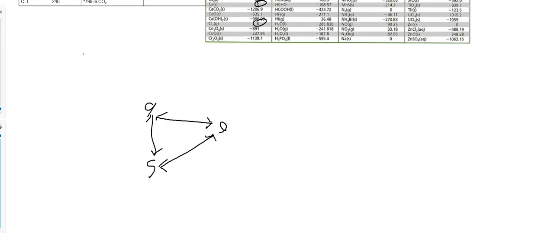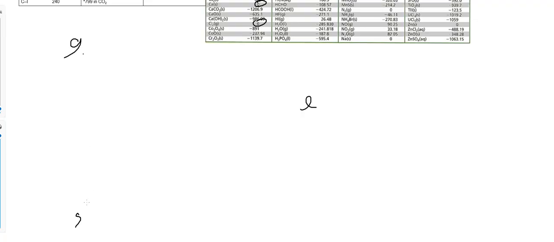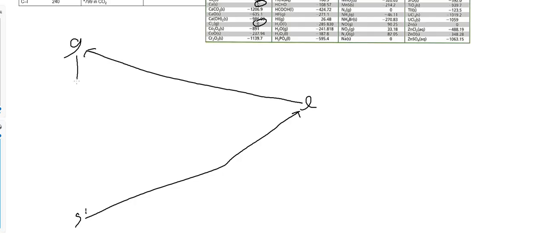So, I'm going to draw a supersized model here. So solid can turn into liquid, liquid can turn into gas, and gas can turn back into solid. And these processes can happen in the other direction as well.